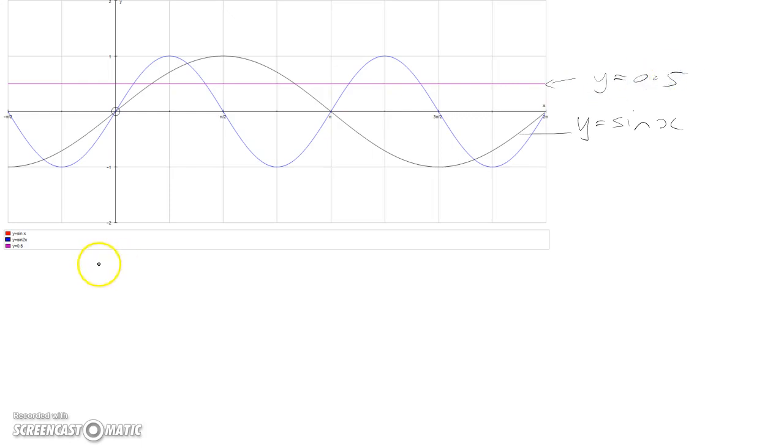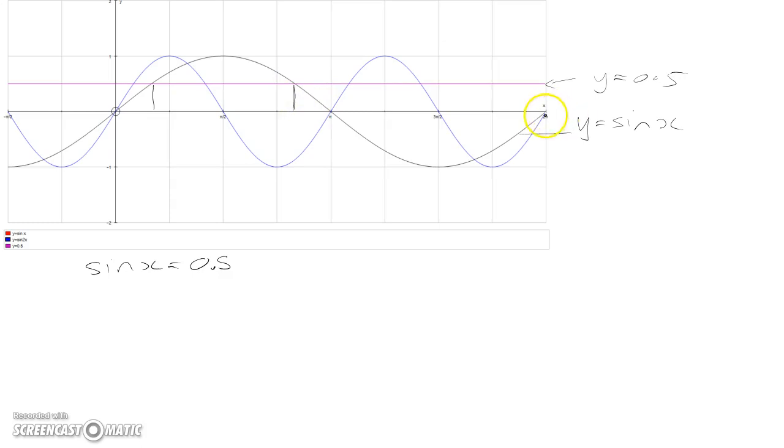We are going to be solving sine x equals 0.5, and as you can see from my drawing, the purple line 0.5 meets my sine x graph there and there.